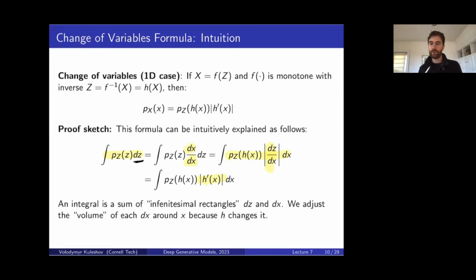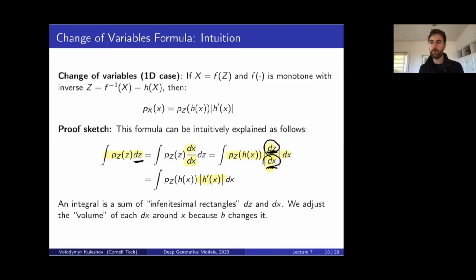And so if I do a change of variables, I have to adjust by the ratio. If I switch from little rectangles or little blocks in z space to ones that are in the space of x's, I have to adjust by the change of volume. So this is the size of a block z, this is the size of a block x. I have to adjust the sum by the ratio of their volumes in order for this to hold.